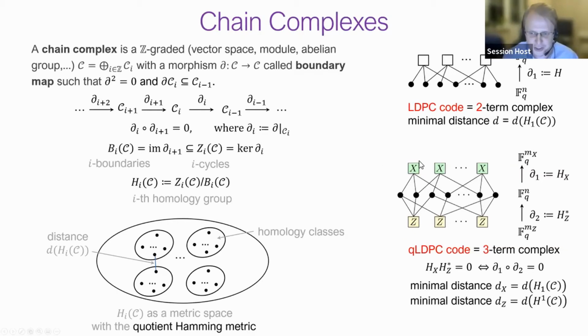So you just exchange the roles of X and Z, and in this way, you obtain a dual chain complex. And you also have two minimal distances that correspond to homological and cohomological distance, or systolic or co-systolic distance, if you prefer.